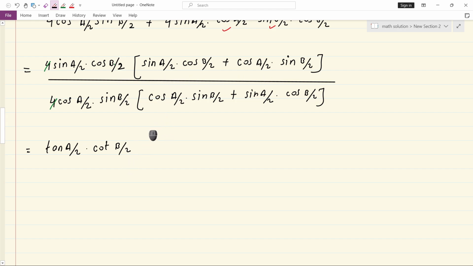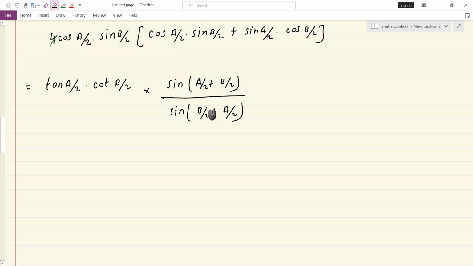Now solve inside the bracket term, so these two terms are solved. Now the remaining will be sin A cos B + cos A sin B, so this will be sin (A/2 + B/2). Upon here, cos A/2 sin B/2 + sin A/2 cos B/2, this is also the same formula, sin(A + B), the difference is just that in place of A, here it is B/2, so we can write sin(B/2 + A/2).